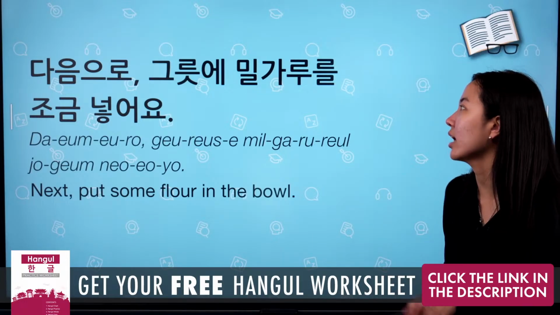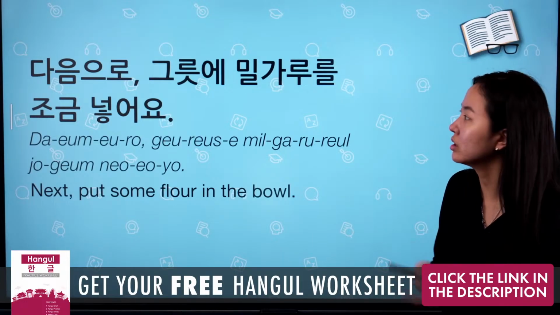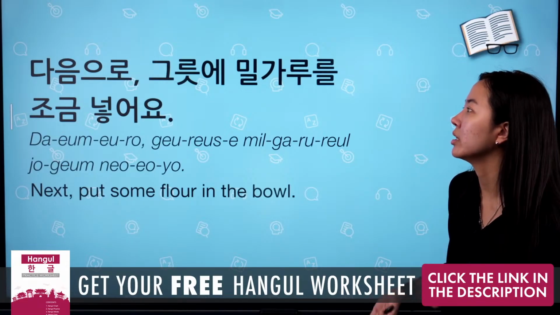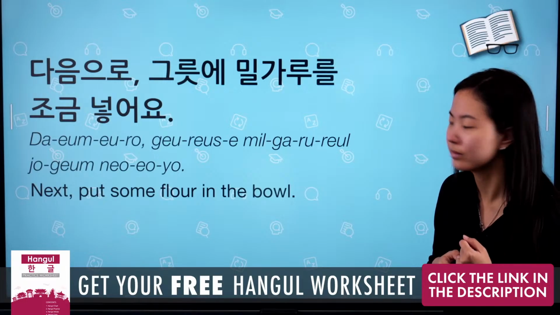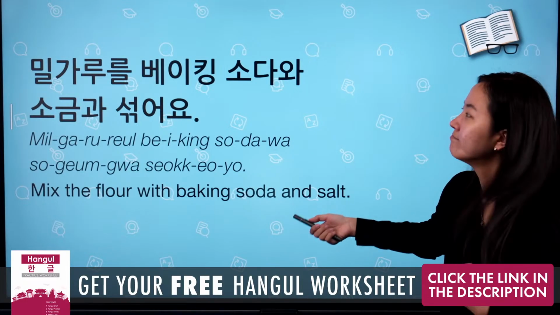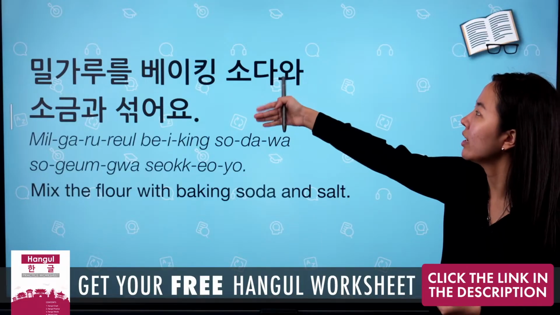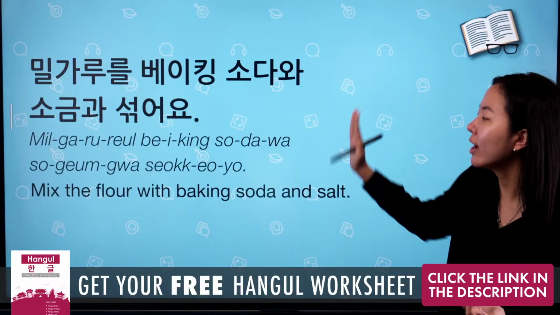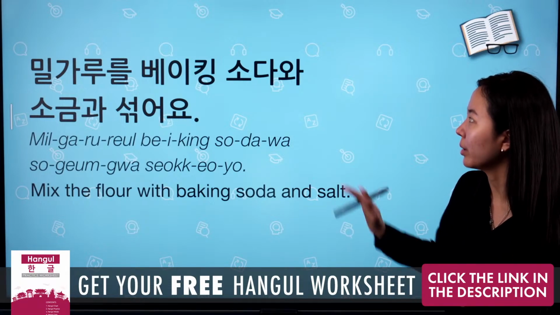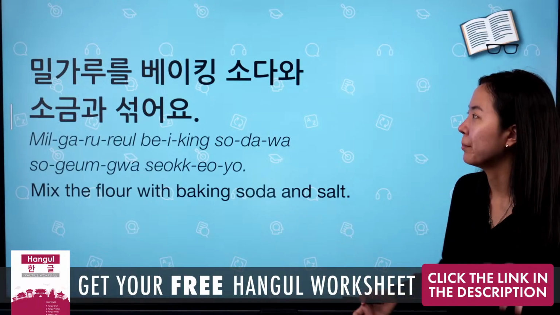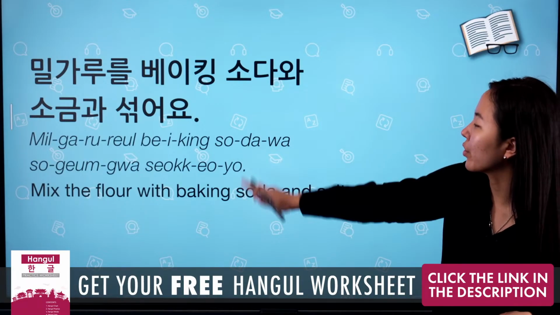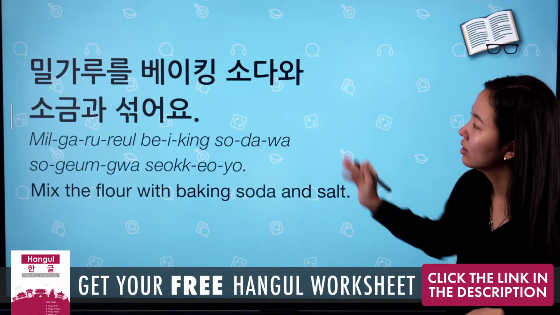Next, put some flour in the bowl. 밀가루를 베이킹소다와 소금과 섞어요. 밀가루, the flour, 베이킹소다와 소금과 baking soda and salt. So, mix the flour with baking soda and salt.